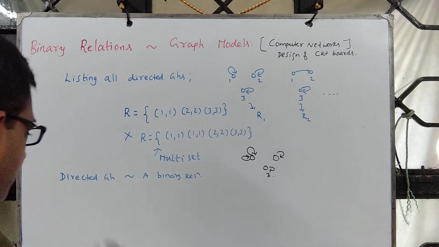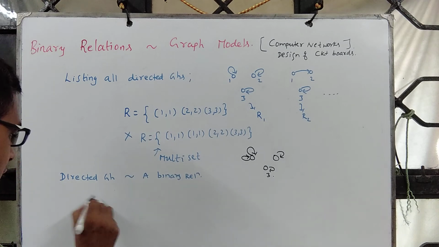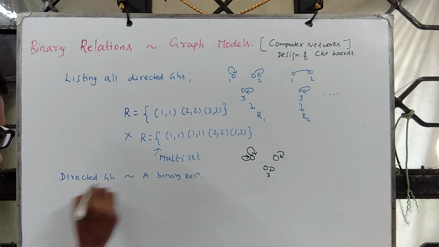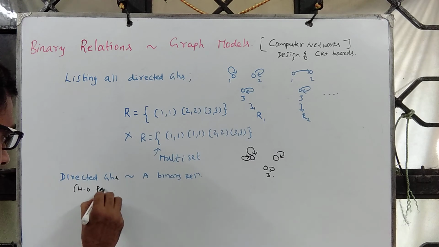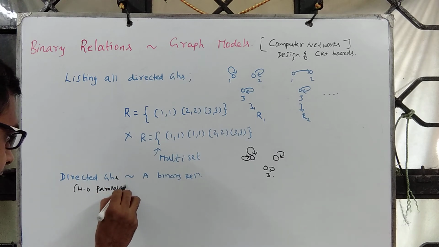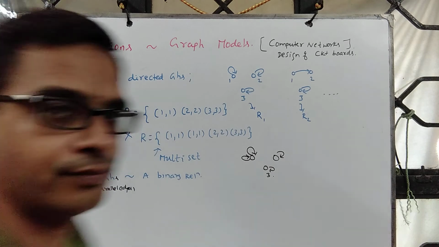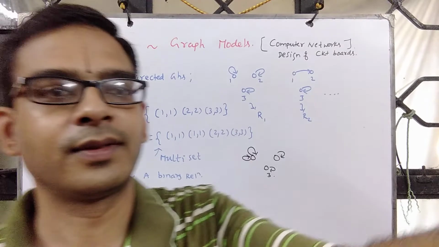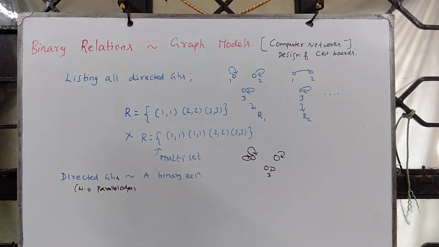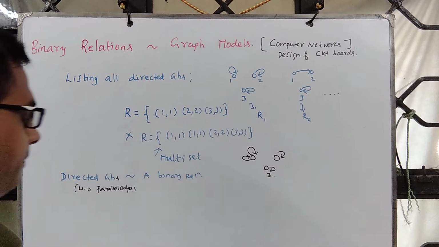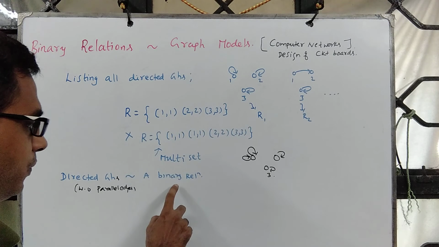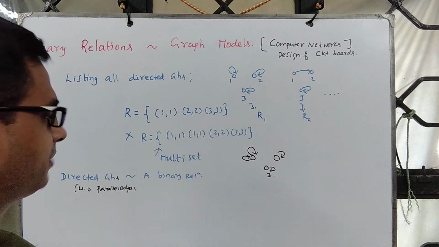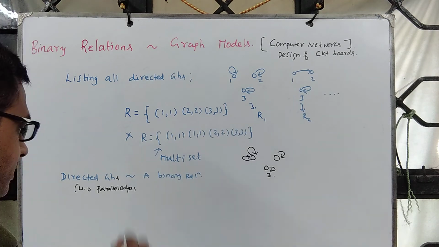So which means counting directed graphs without parallel edges is equivalent to counting the number of binary relations.